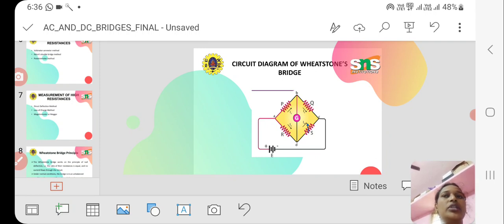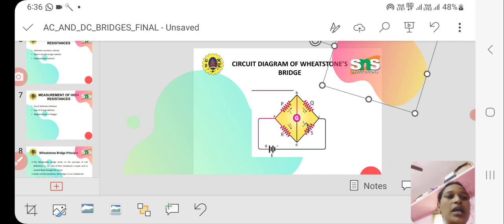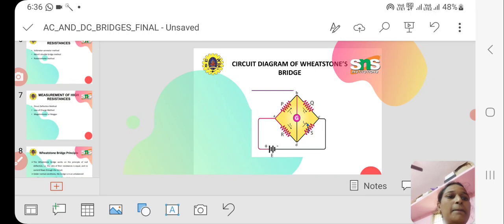Let us discuss the construction of the circuit. The figure shows the general circuit of a Wheatstone bridge. It consists of 4 arms, namely AB, BC, CD and DA, each consisting of resistances P, Q, R and S. Here R is the unknown resistance, S is the standard variable resistance.